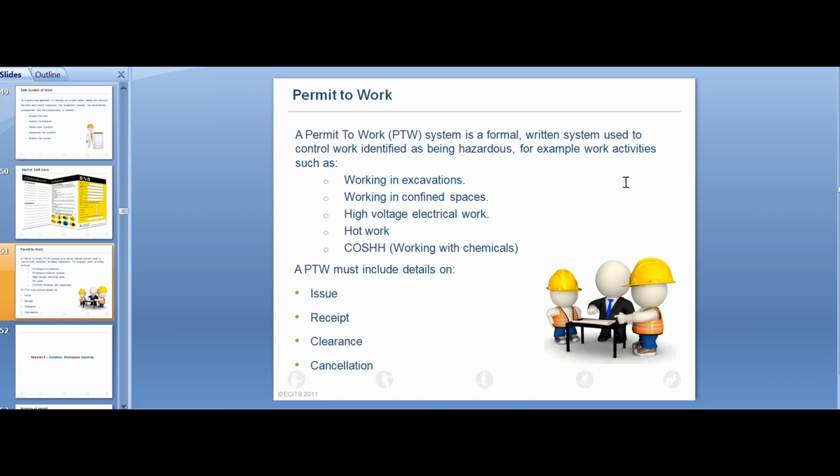If we have to go into a confined space, gas testing must be done. All these we will discuss in detail in the next videos according to our activities, what kind of permits will be required and how the permit should be filled. Then cancellations as well. After completion of the work we have to inform and cancel that permit.